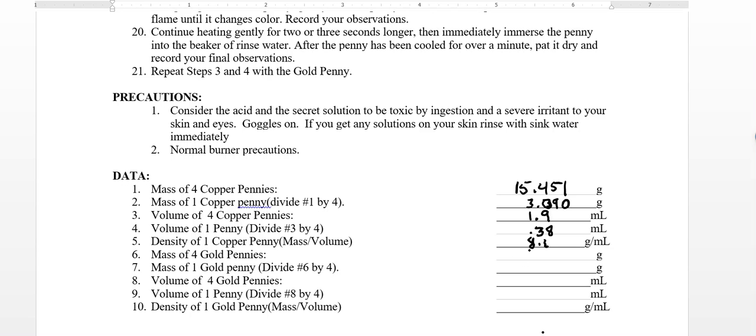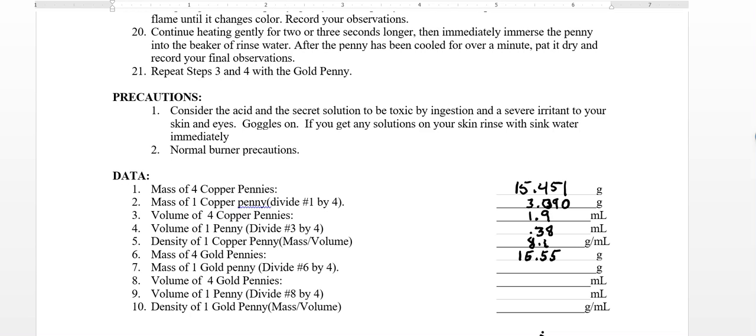So I'm gonna need somebody else's data. London, thank you. Mass of 4 gold pennies. Oh my, okay. So a bunch of you are gonna have to come in tomorrow morning and finish this. Yes. And you also had 5 people in your group?